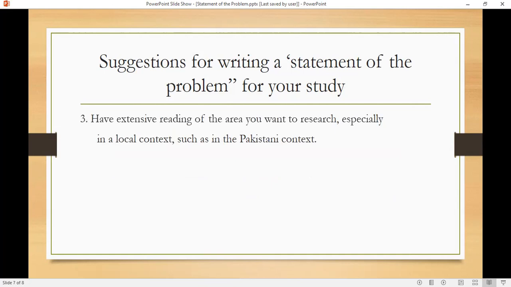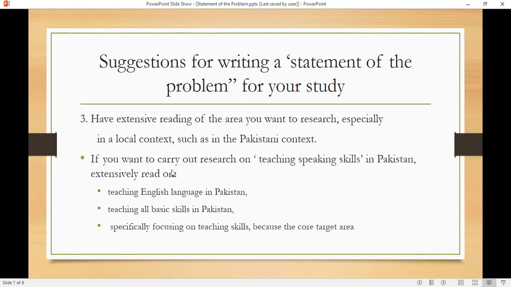Well, the third one, you must have extensive reading of the area you want to research, especially in the local context, such as the Pakistani context. We are taking Pakistan as an example.